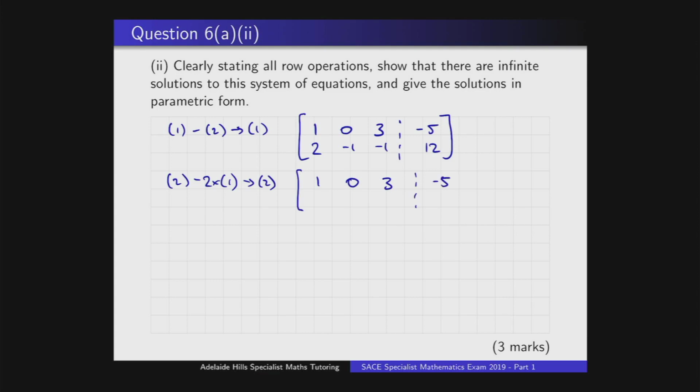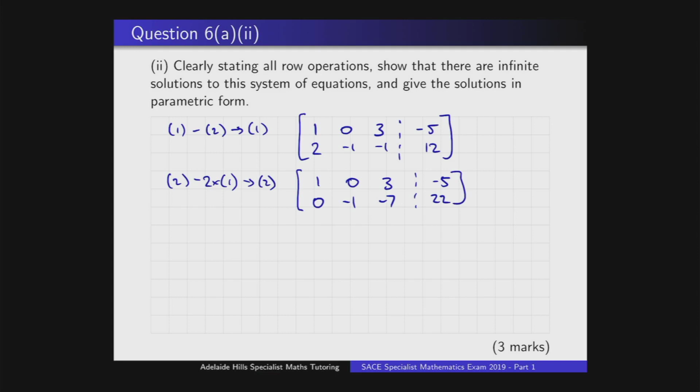So 2 less 2 times 1 will give us a 0. Minus 1 less 2 times 0 will still be minus 1. Minus 1 less 2 times 3 is going to give us minus 7. And then it's 12 minus 2 times minus 5, so that's plus 10, which is going to be 22.